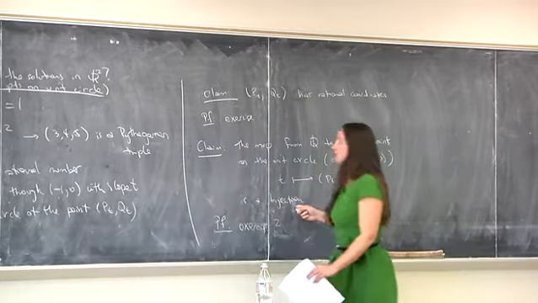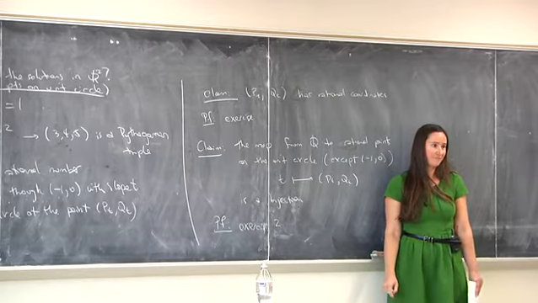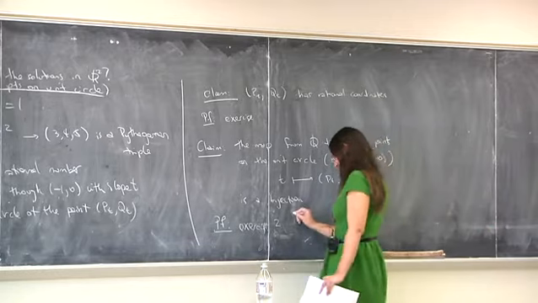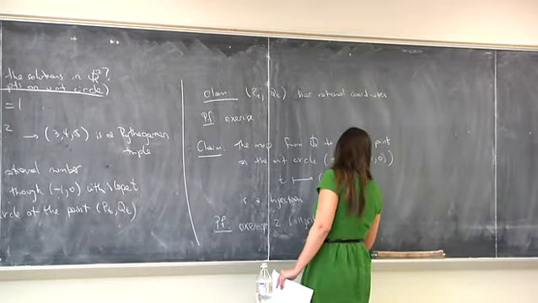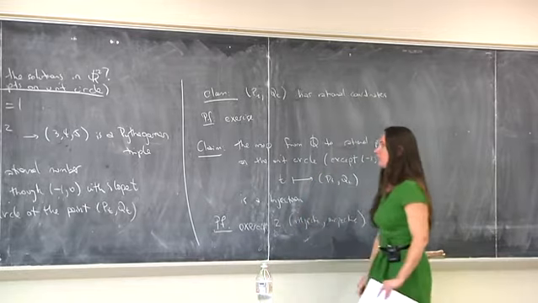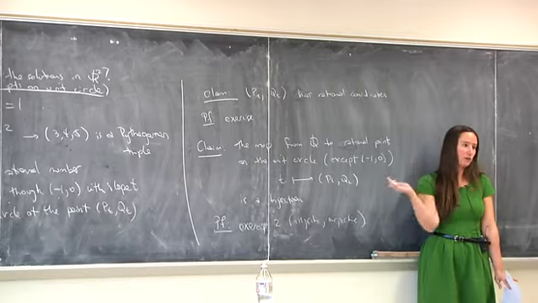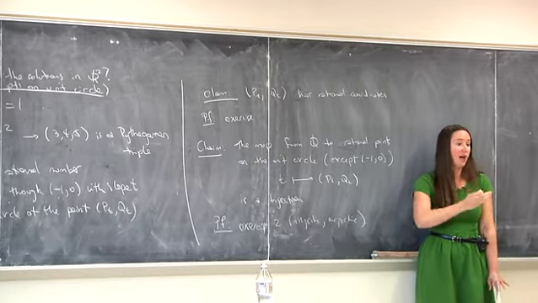What do you have to prove to know that it's a bijection? Injective and surjective, exactly. So you need to show that it's injective and surjective. Injective is kind of easy to see from the picture, right? You're not going to get from 2 different rational numbers the same line.